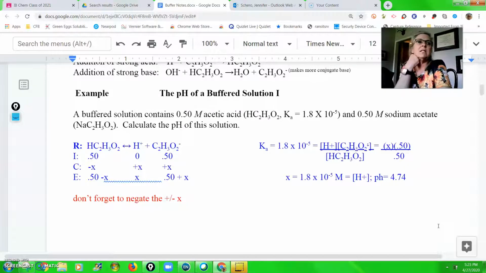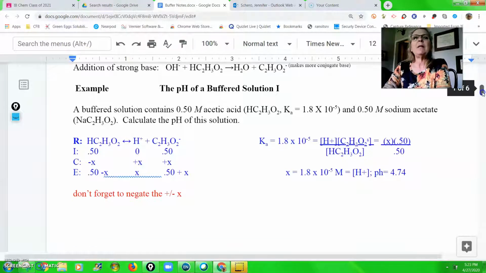So this problem says a buffered solution contains 0.50 molar acetic acid, the Ka is given, and 0.50 molar sodium acetate. To calculate the pH of this solution, obviously we put it into a RICE table and we use the Ka expression, and we remember to negate our pluses and minuses x, and so we end up with a pH of 4.74 after we calculate our hydrogen ion concentration.